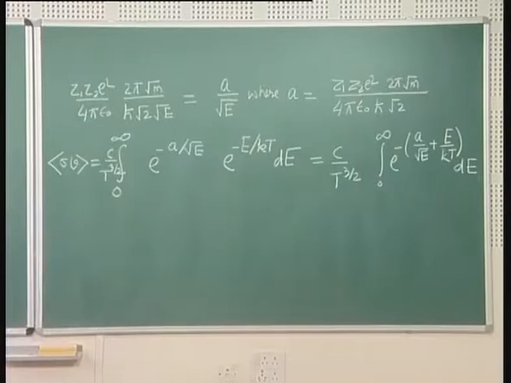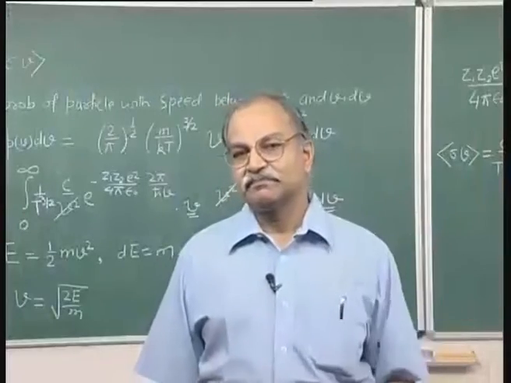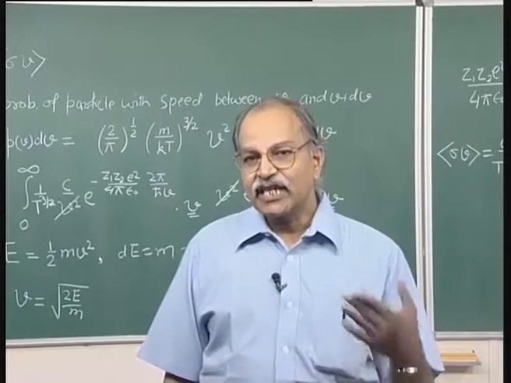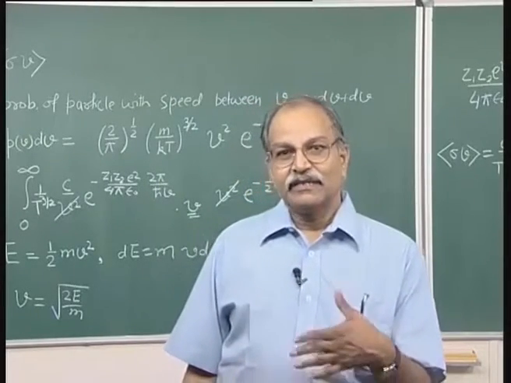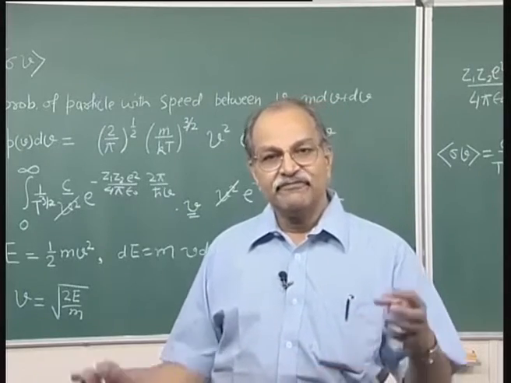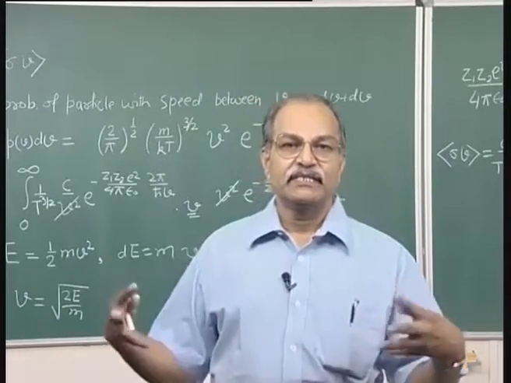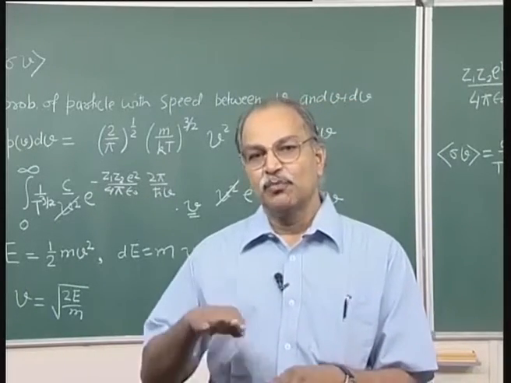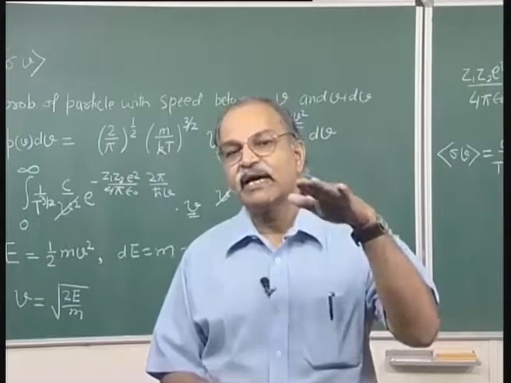Now, there is a catch. The barrier penetration probability I am using as e to the power minus 2 capital G. And this expression I said is a good approximation only if the initial kinetic energy of these particles is small as compared to the barrier height.